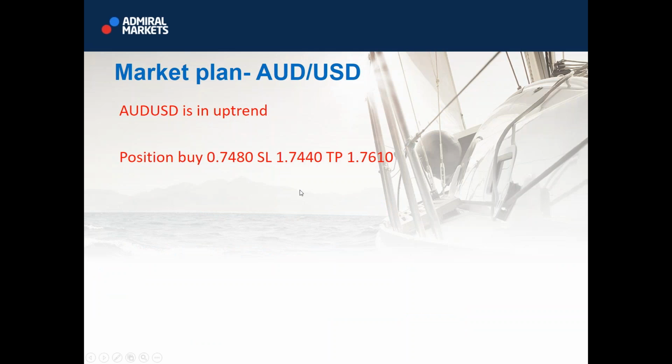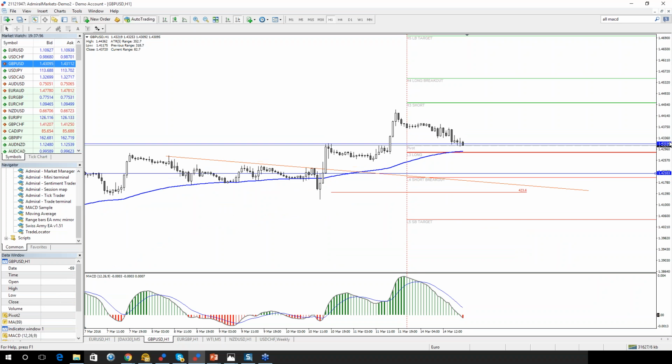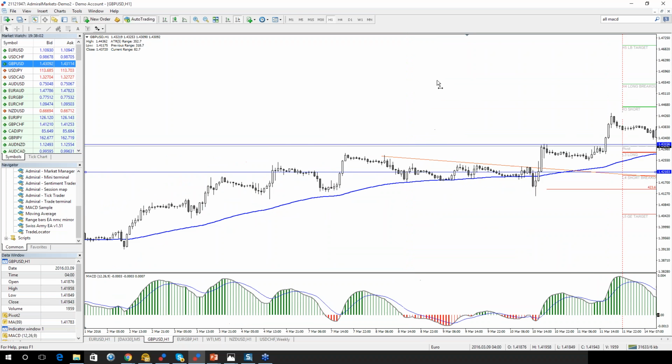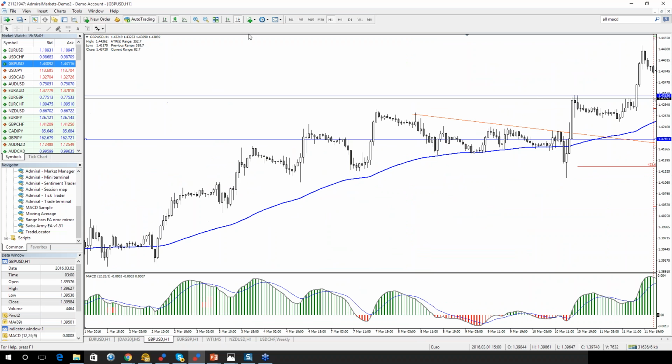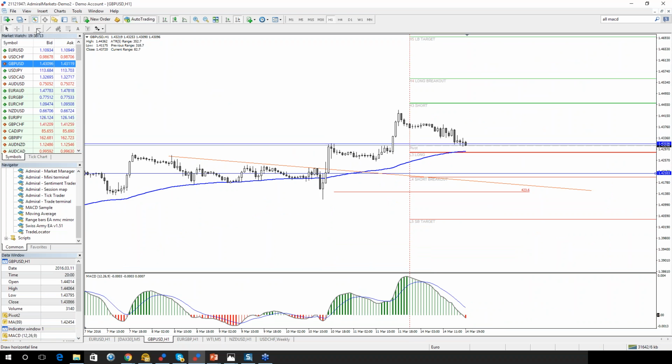Australian dollar 78, 74.80 buy, 74.40 stop, TP 76.10. Yes, the sell is very high. Okay, the sell is very high here, 45.50. I will mark the level. 45.50 here. Okay, like this.